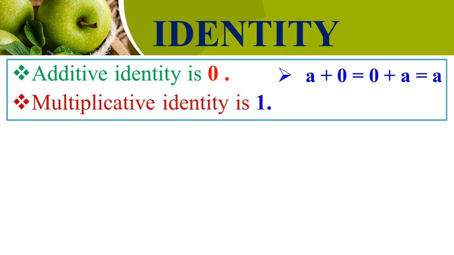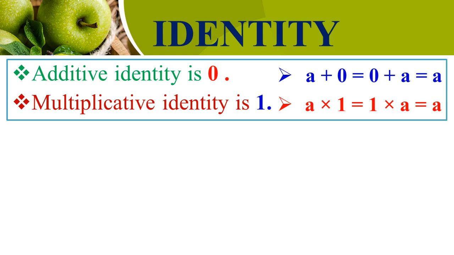Next, multiplicative identity. Multiplicative identity is 1 because any whole number multiply 1 or 1 multiply any whole number, it gives the same value. For this reason, 1 is called multiplicative identity.